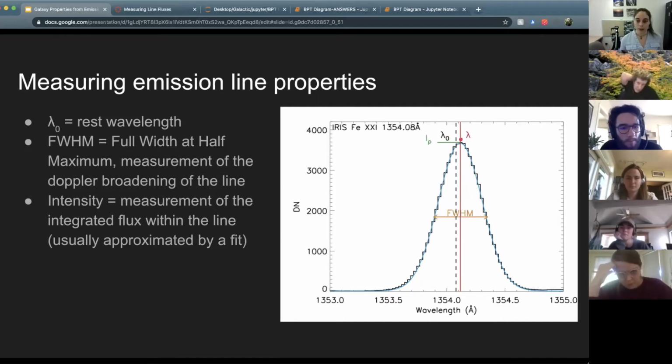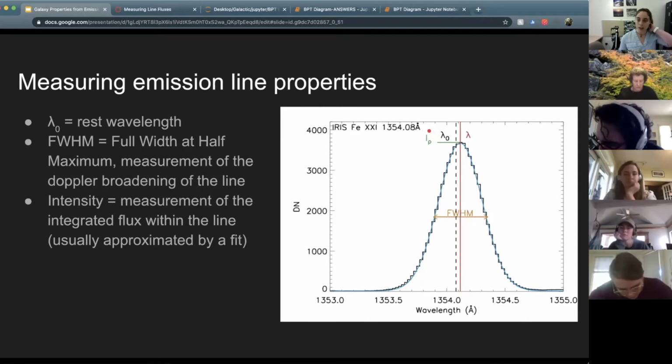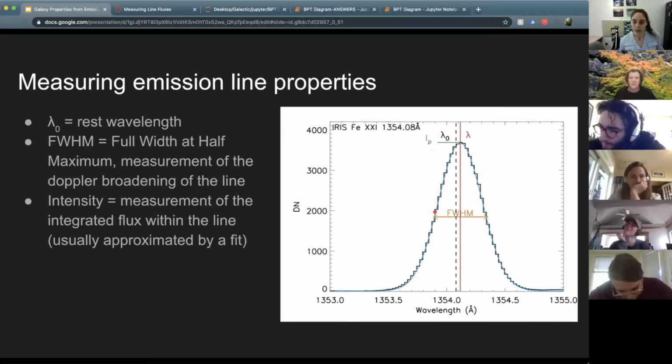We can also measure the intensity at the peak of the emission line. That'll give us some information about how bright, how strong that emission line is. You might also be interested in the full width at half maximum.